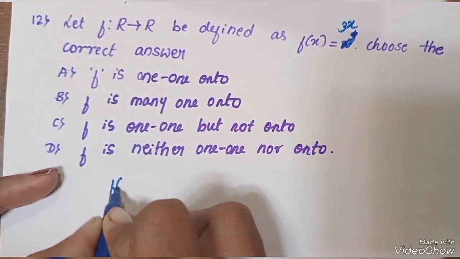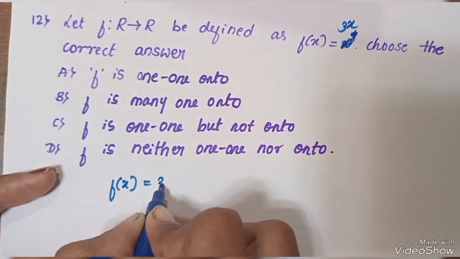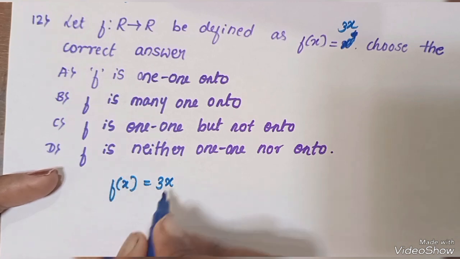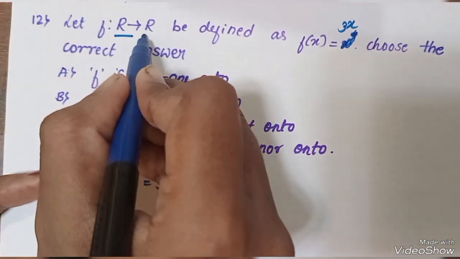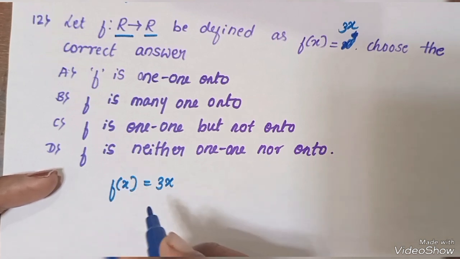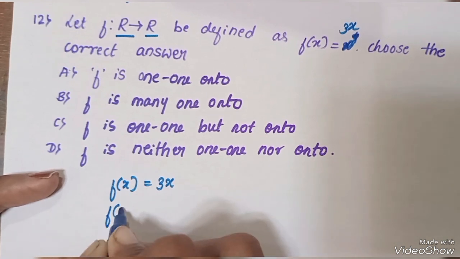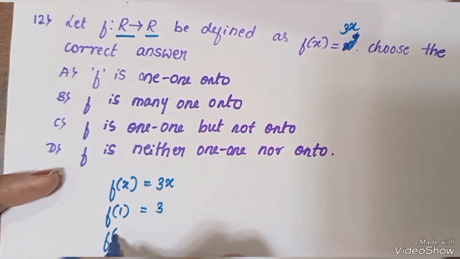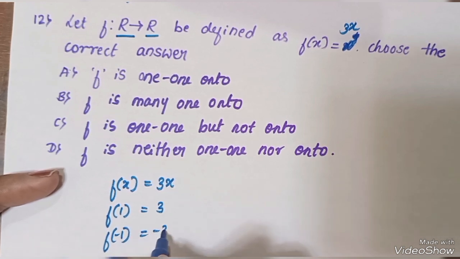Here f of x is equal to 3x. For example, domain and codomain are real numbers. We substitute the values. Put x is equal to 1, we get 3. If x is equal to minus 1, we get minus 3.